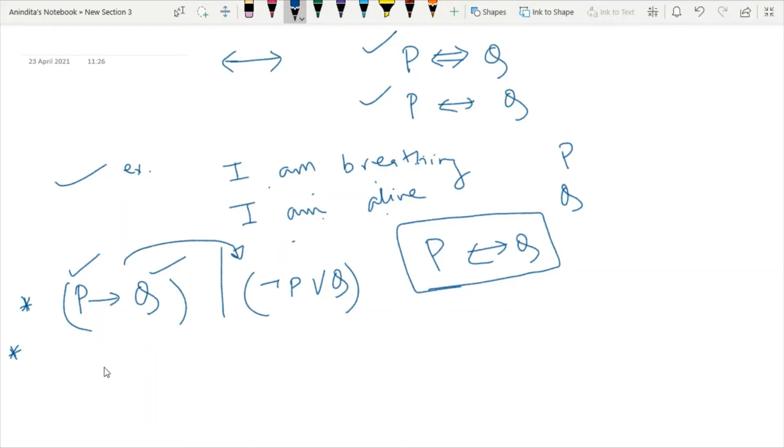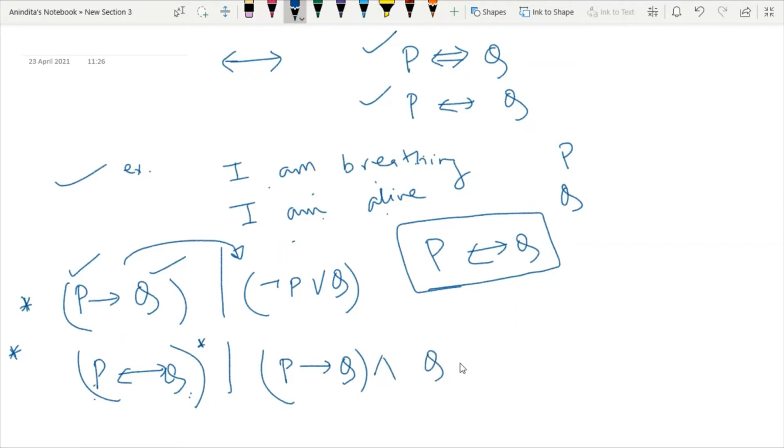Also, you have to remember one more point. P double implies Q means if P is true, then Q is true, and if Q is true, then P is true. Now, this biconditional representation can be written as if P is true then Q is true, and, where the union means and, if Q is true then P is true.